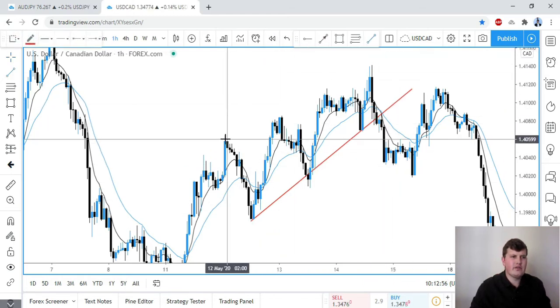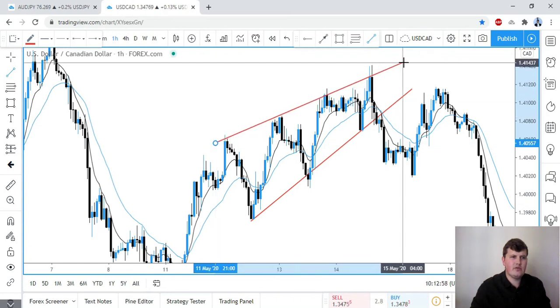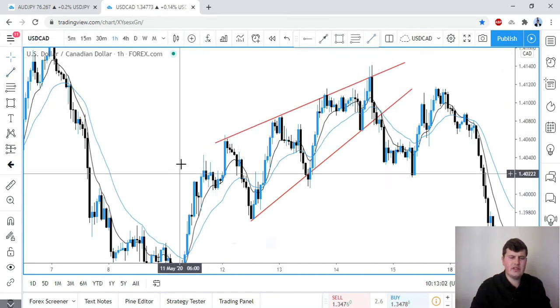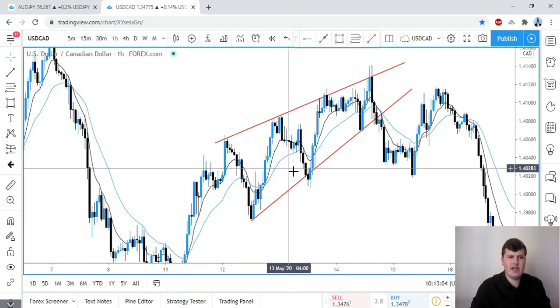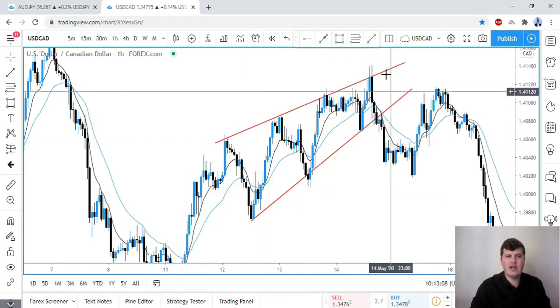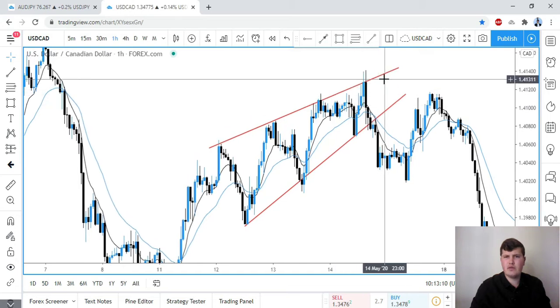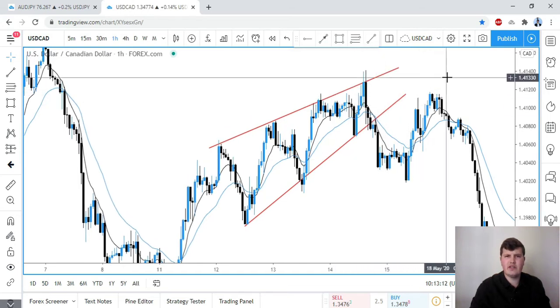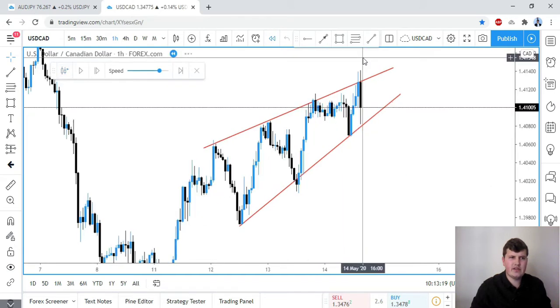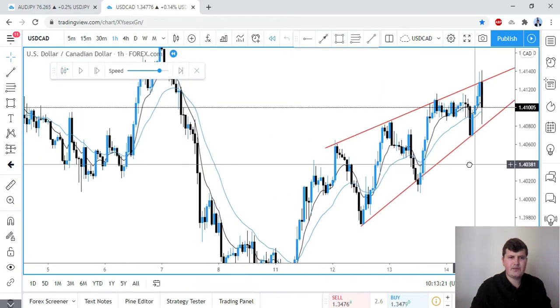And to finish this rising wedge, we draw it like that. And the essence of a rising wedge is it starts out big and then just gradually goes smaller and smaller and smaller until a momentum breaks, pushes the price in a certain direction. Using this bar replay tool over here again, let's just take it to that area.